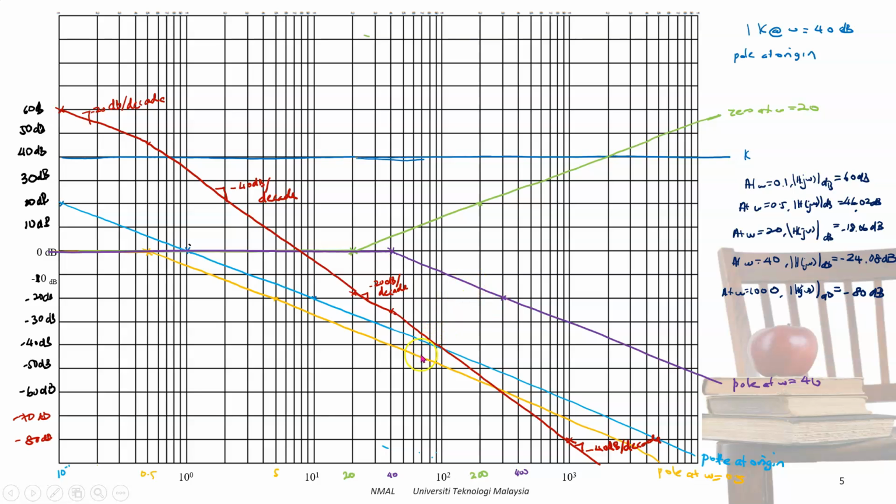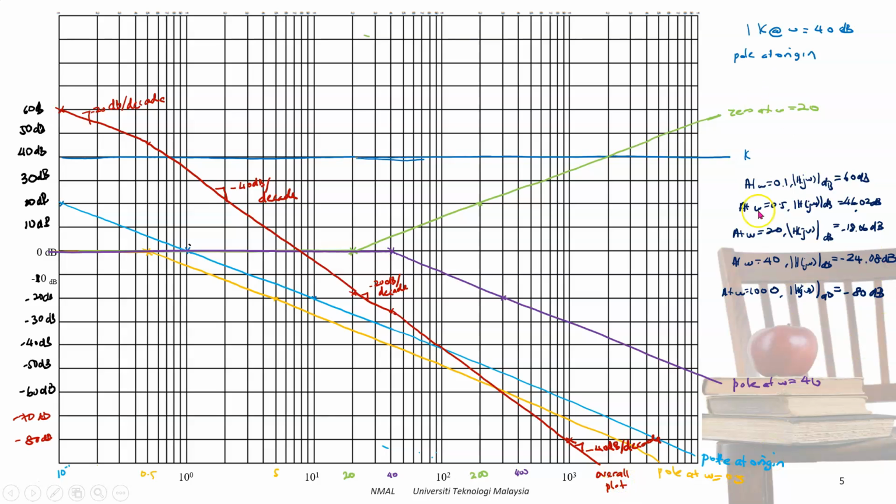So 20 up here minus 20 is 0. Minus another 20 is negative 20. And minus another 20 is negative 40. So the drop here should be negative 40 dB over decade. Okay, so we have our overall plot here. This red color is your overall plot.